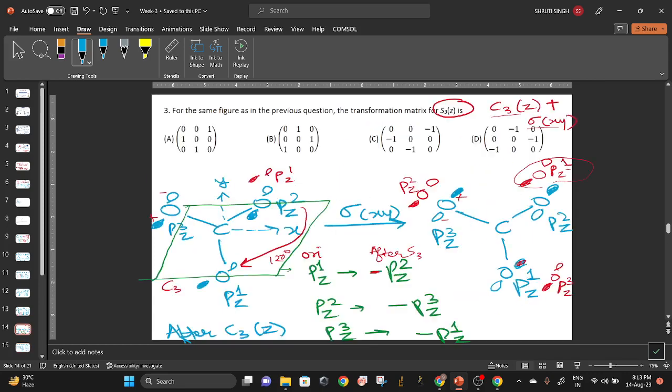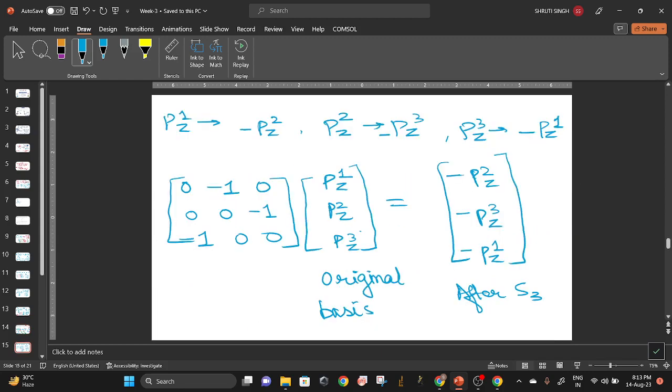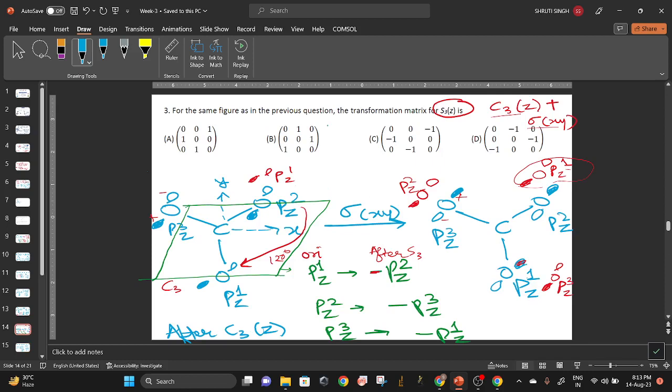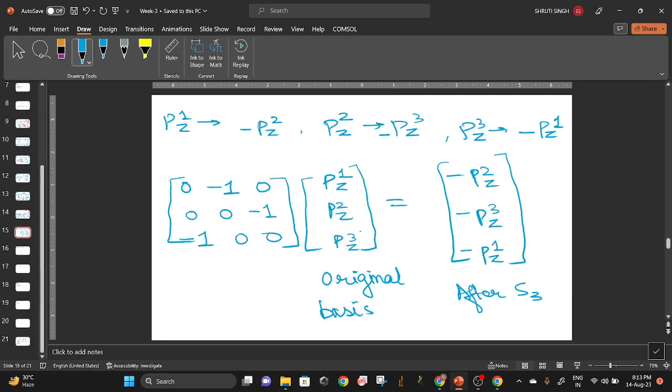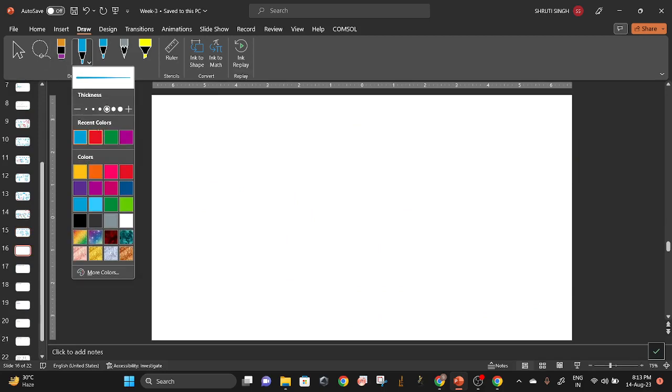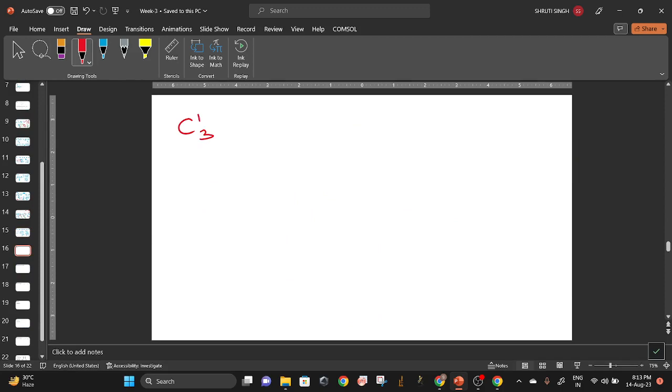Okay, so what I have done is, what I took here as rotation for C3 is clockwise rotation, right? If you take anti-clockwise, actually I also had confusion in this earlier, but when I checked, it is anti-clockwise.